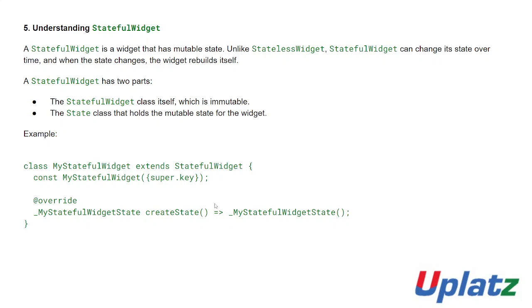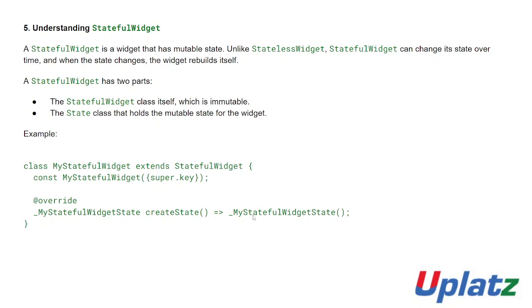This is an arrow function, it returns underscore myStatefulWidgetState. Please remember that when we use underscore at the beginning of anything, it is private to that file.